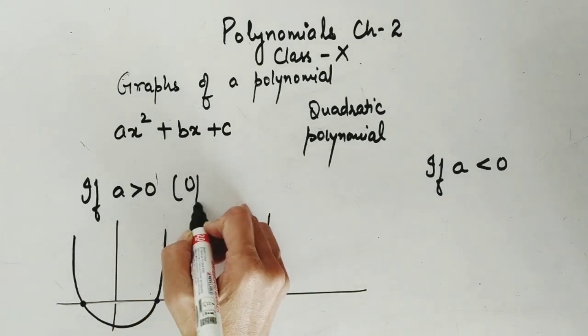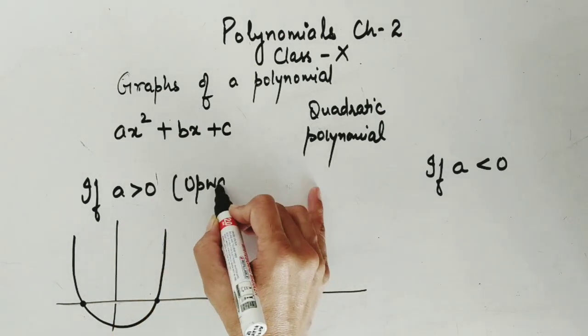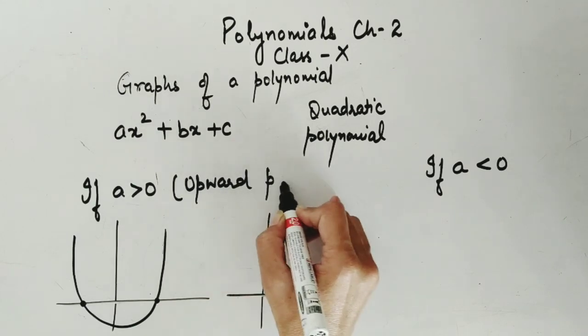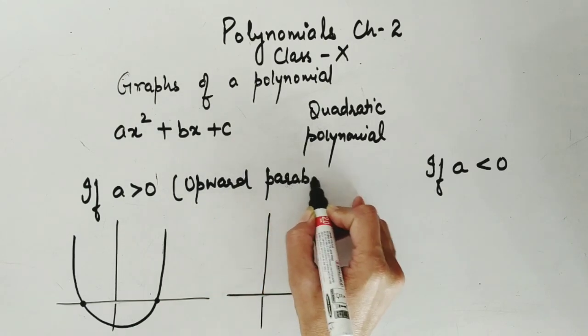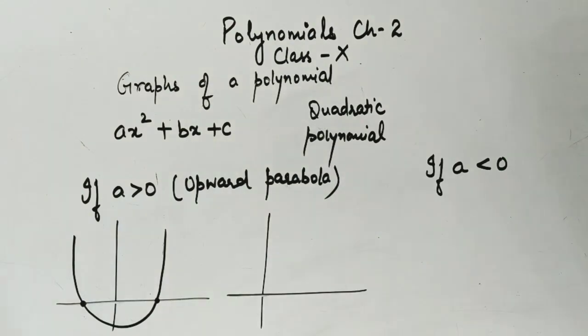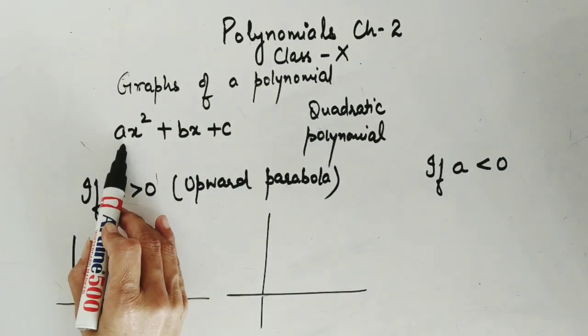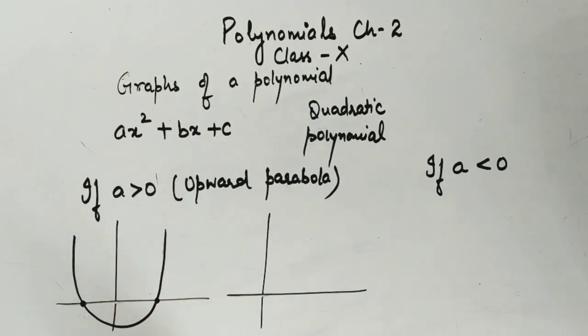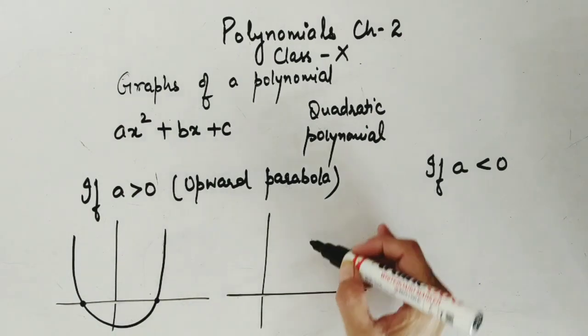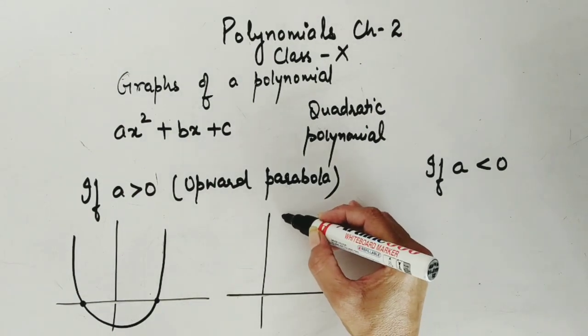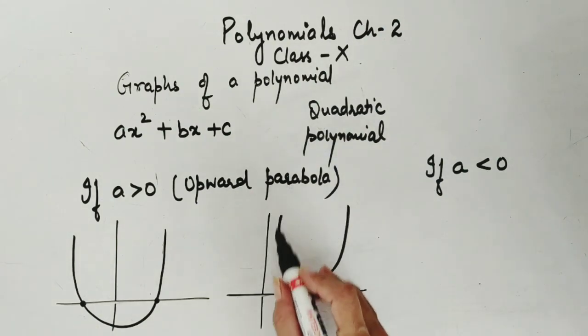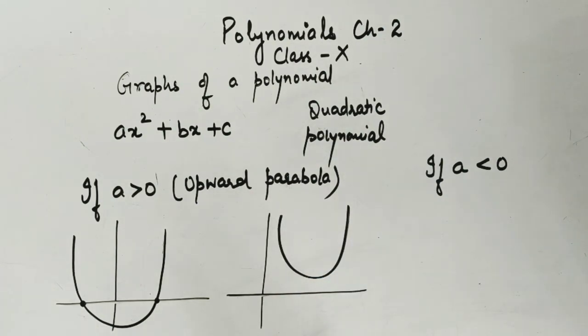We call it upward parabola. If a is greater than 0, this is how the graph would look like. There can be three different possibilities. It can meet the x-axis at two distinct points. It can go like this, not meeting the x-axis anywhere.